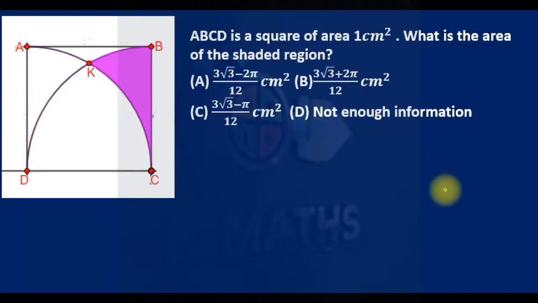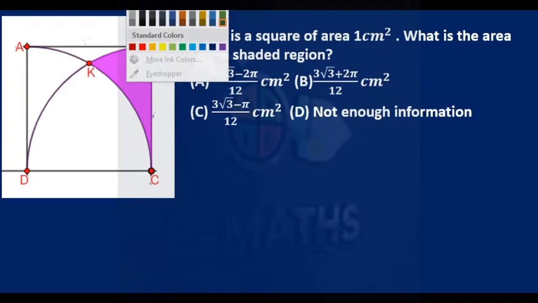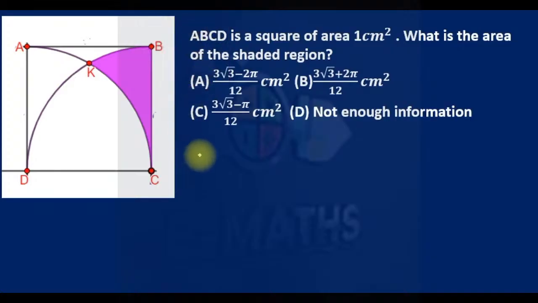We're asked: ABCD is a square of area 1 cm squared. What is the area of the shaded region? Okay, I'm going to solve it fast using a formula, and after I will prove the formula.